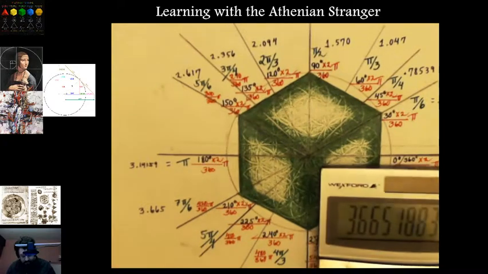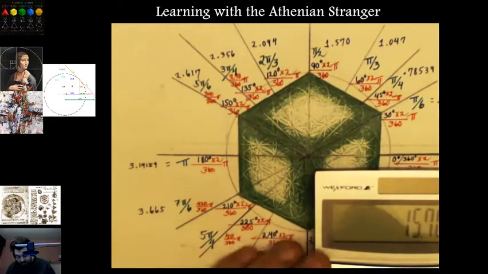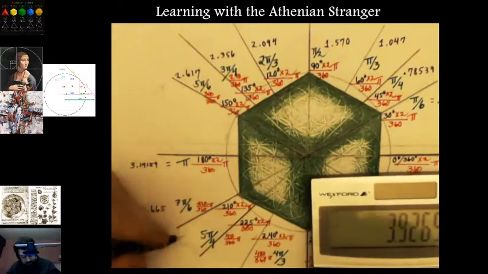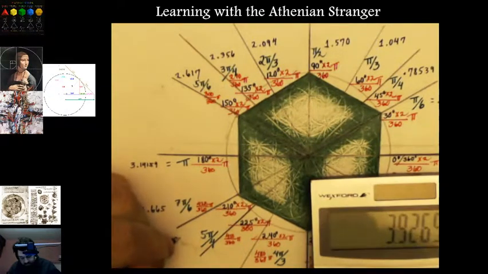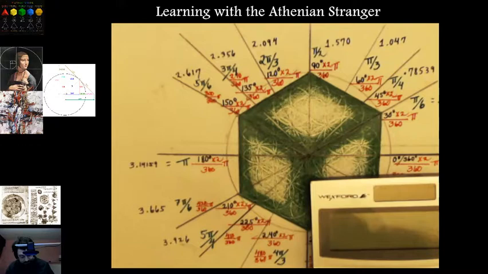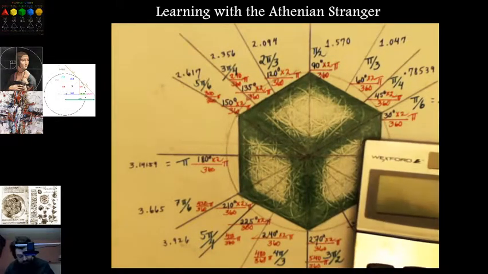And then 5 pi over 4, 5 times 3.14159 divided by 4 is 3.926. And then we'll go here to 4 pi over 3.